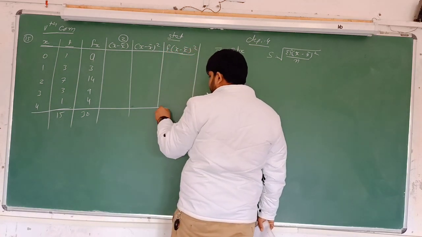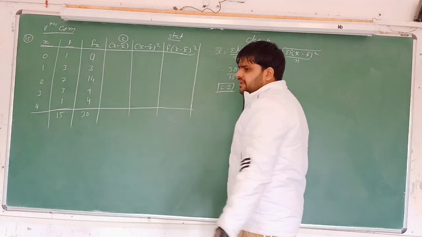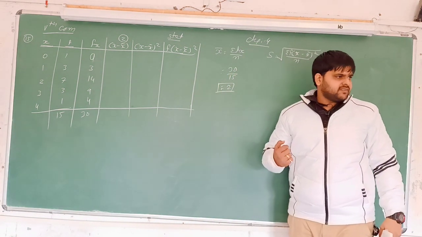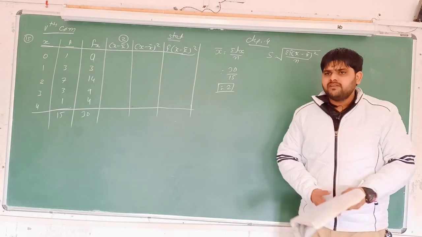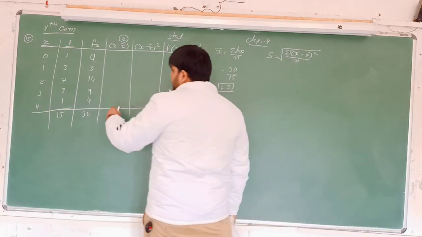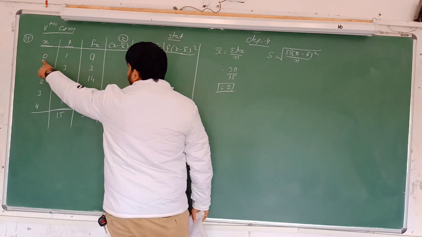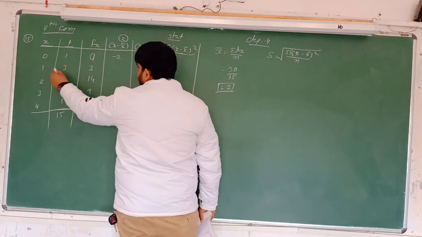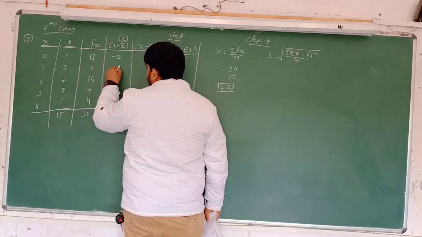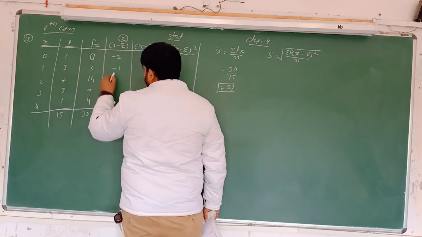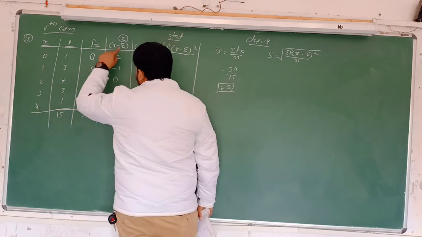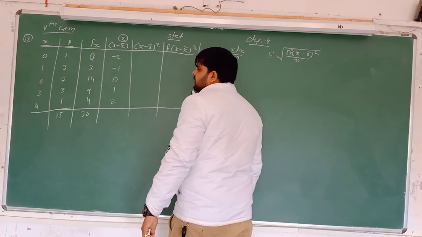This is the information we need to find the standard deviation. What is X? 0. 0 minus 2, minus 2. 1 minus 2, minus 1. 2 minus 2, 0. 3 minus 2, 1. 4 minus 2, 2.